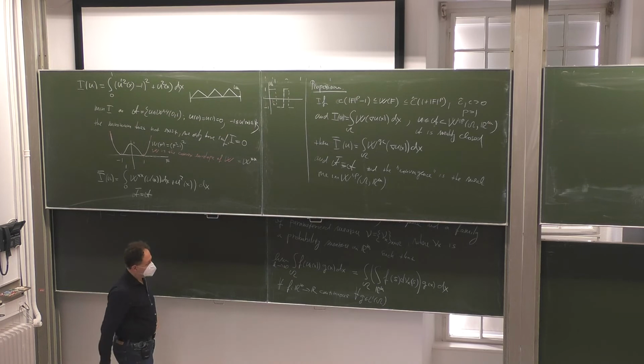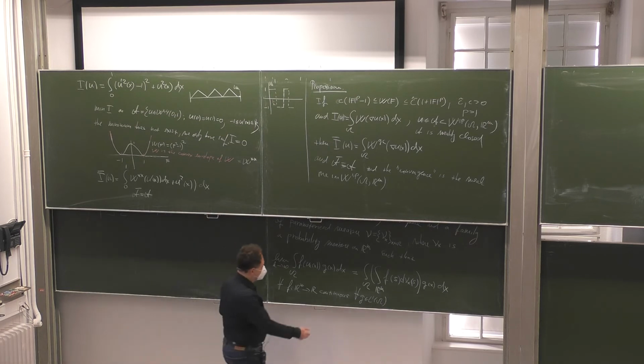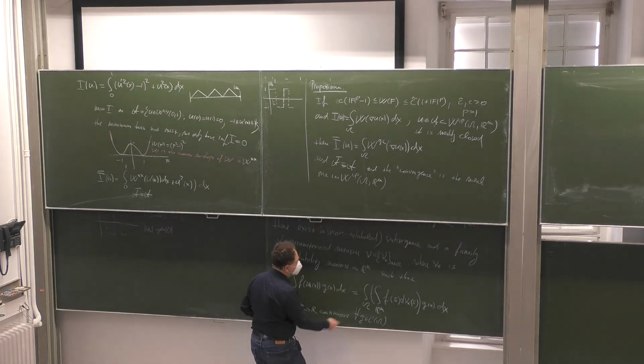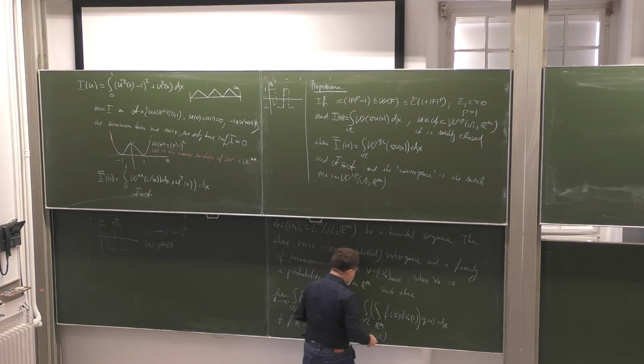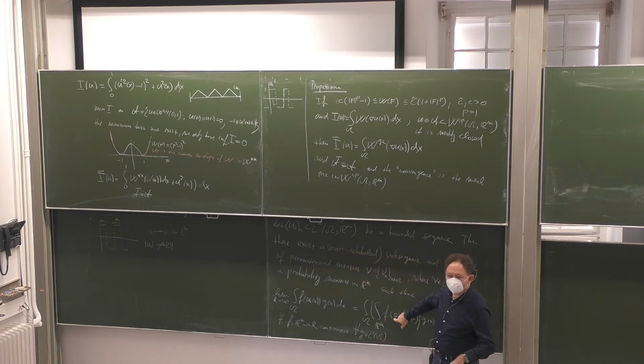So it's complicated, right? So what does that mean? So you have this family, so fix x, and then this is a probability measure. So here you integrate with respect to this probability measure the function f of s. So this bracket here gives you something that depends on x, because this x is fixed.